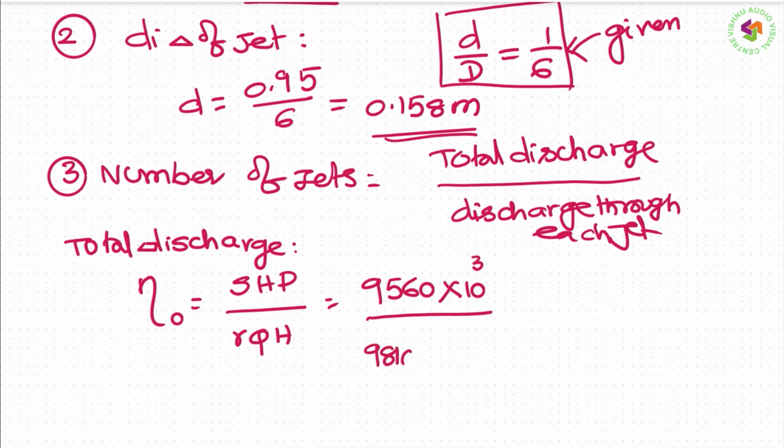Gamma is 9810, into Q, into H equal to 350, and eta is 0.85.